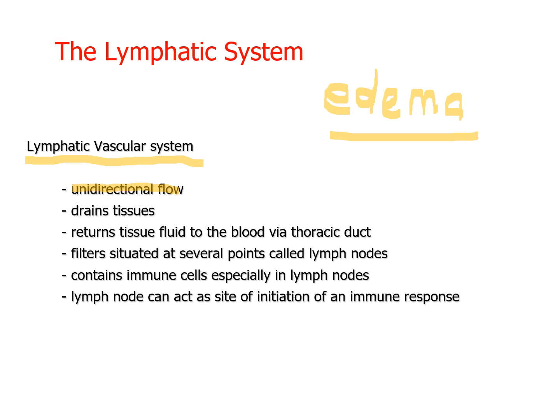There's a flow through of fluid coming from the capillaries, going into the interstitial space, and then entering into the lymphatic vessels and traveling along through those vessels, occasionally entering into lymph nodes where it can come into contact with a lot of immune cells.